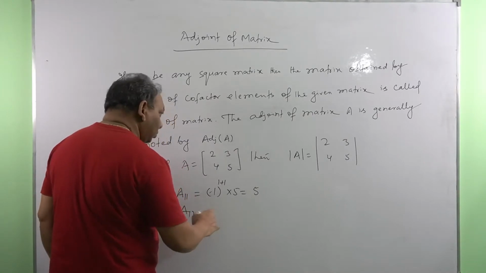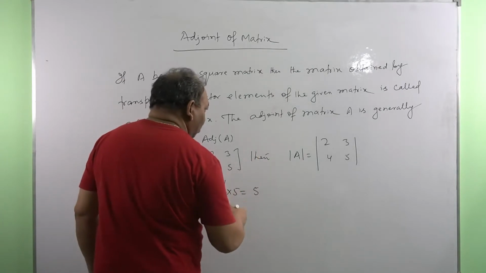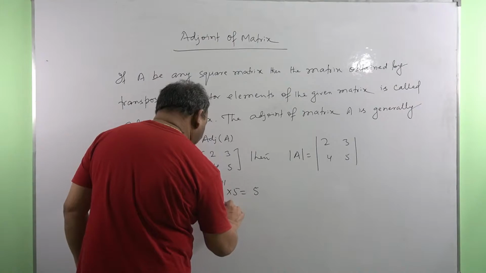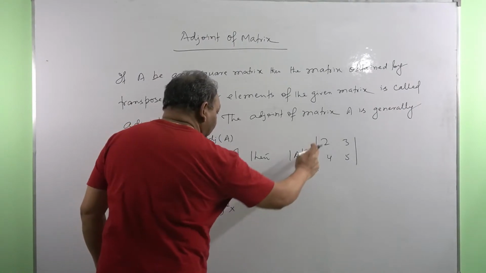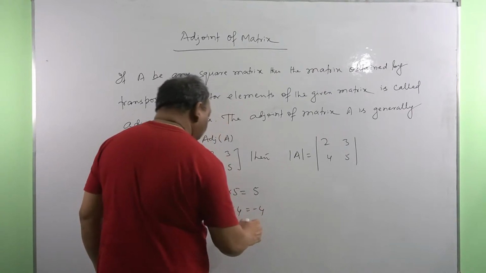A12 means cofactor element of 3. Cofactor of 3 is minus 1 to the power 1 plus 2, hide first row second column, 4, minus 4.